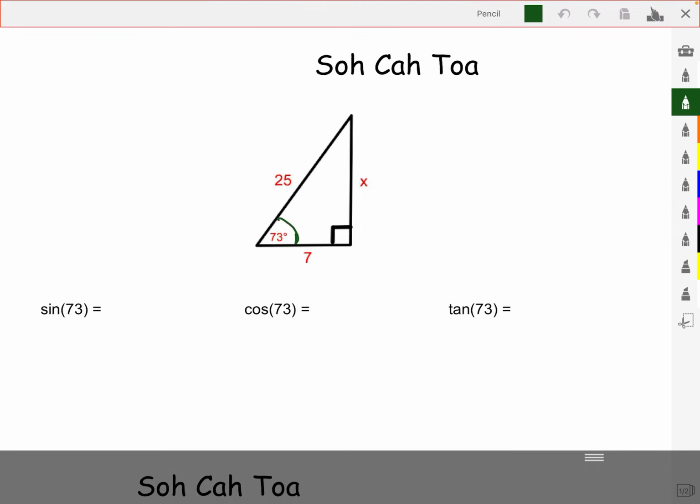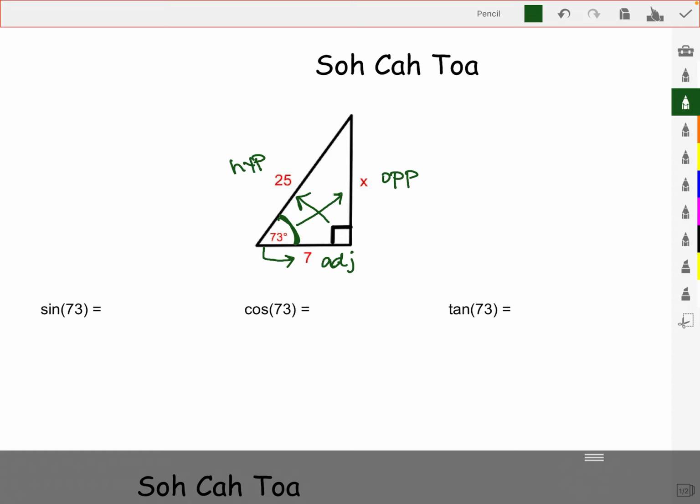So sine of 73, all of these are in reference to this angle, angle 73. Across from the right angle, 25 is my hypotenuse. Across from 73 degrees is my opposite side. And next to 73 degrees is going to be my adjacent side.